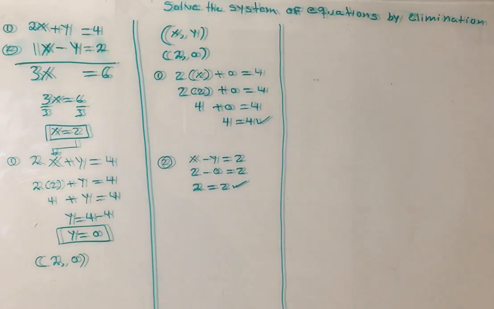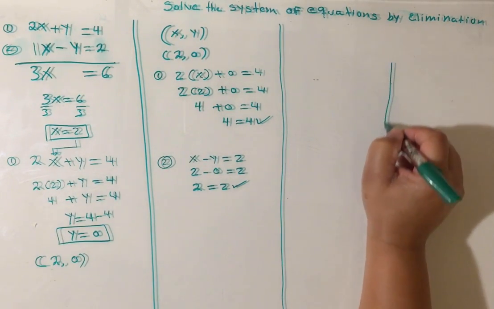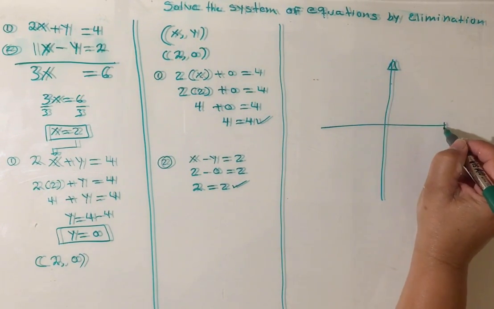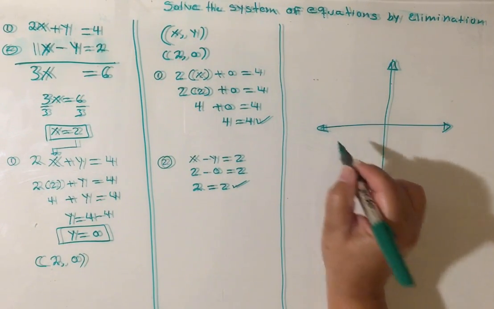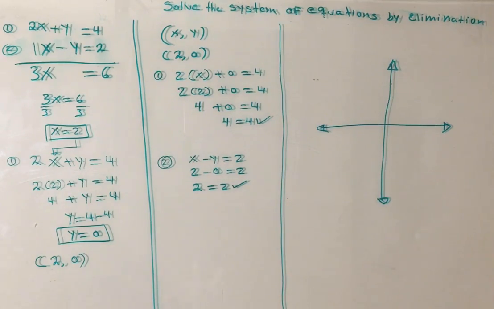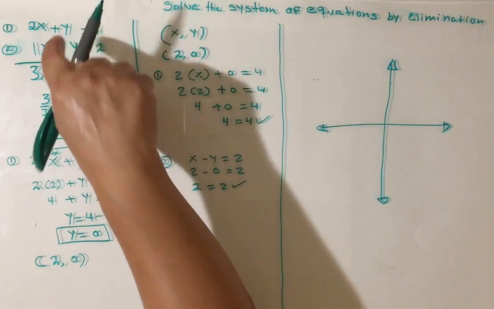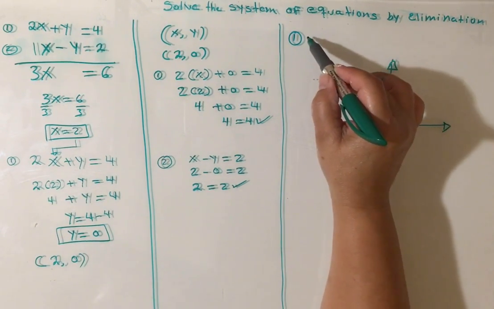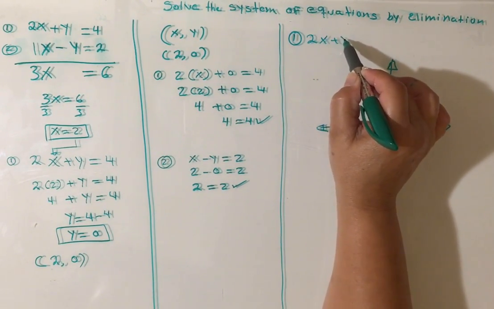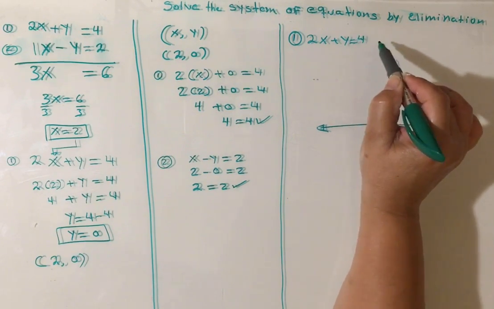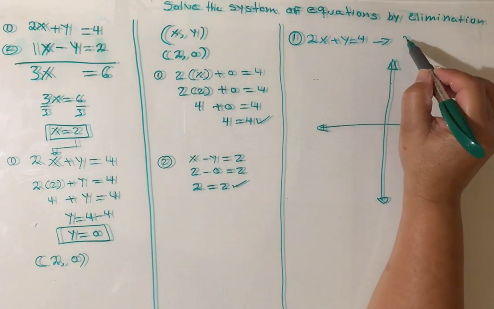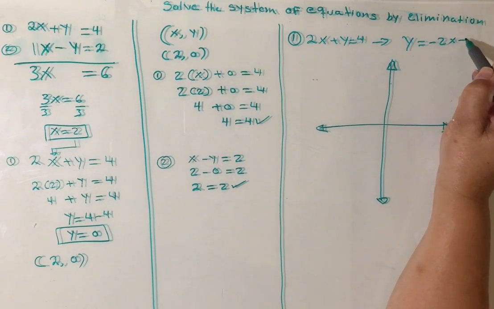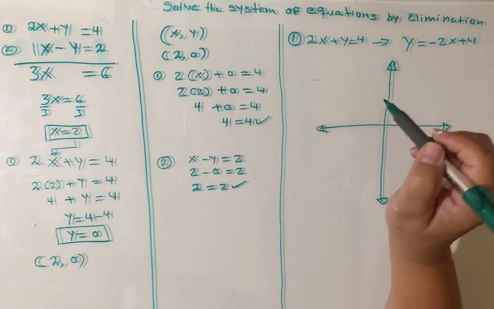Now, another way you can do it, you can also graph these equations and leave the y by itself in the first equation, right? So the first equation that you have is 2x plus y equals 4. This is the same thing as having y equals negative 2x plus 4. That's the first equation.